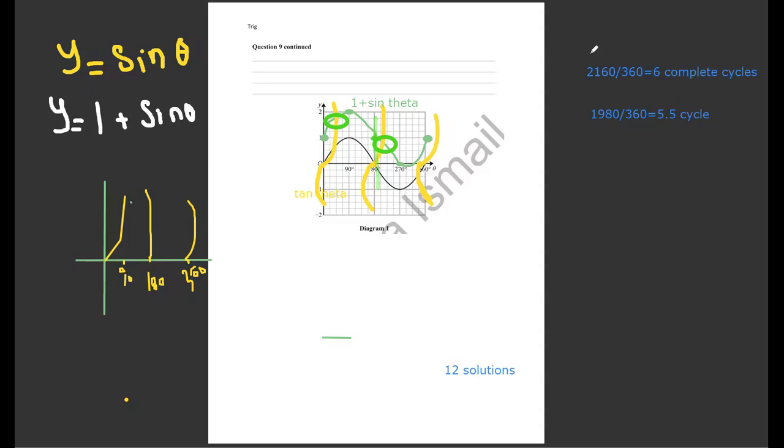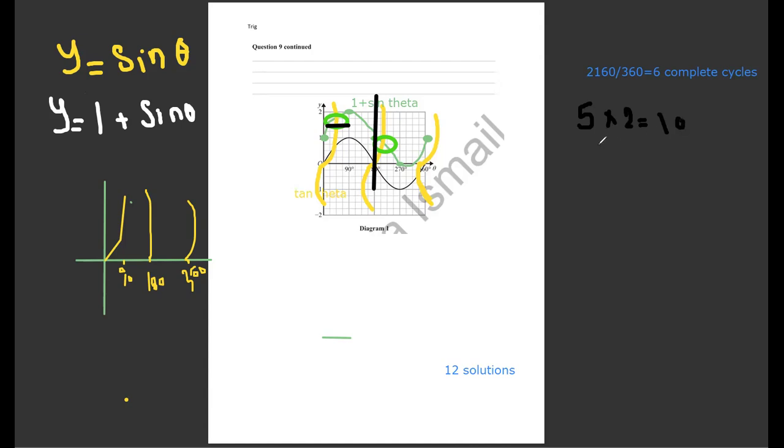cycle, which stops at 180, and actually here is 180. Here it is, this 180. So we have only one. If we want to do this, we say 5 multiplied by the 2 solutions gives us 10.